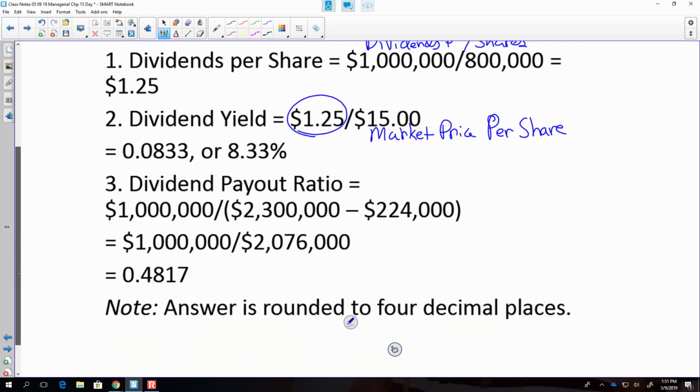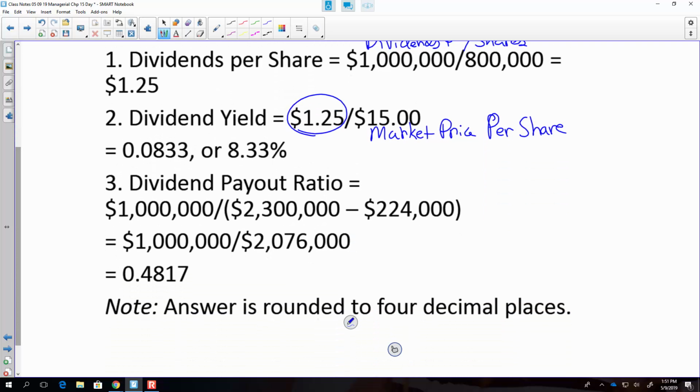And then our dividend payout ratio is taking our dividends in dollars on top, and we're dividing by the net income minus our preferred dividend. Remember, they get paid first. So we got to take that out of our net income. And in this case, 0.48.